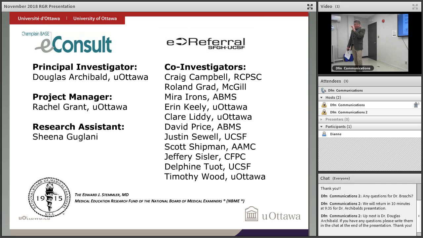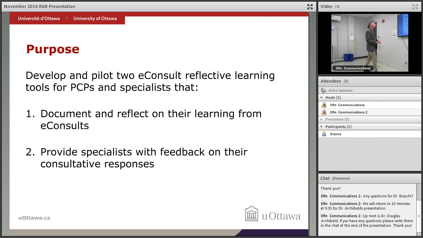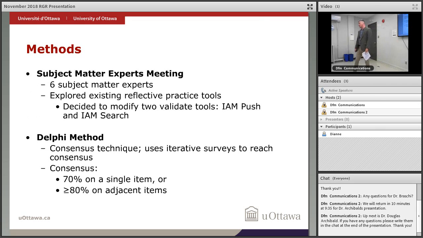This is where the beginnings of this tool start. The idea here is, number one, for providers to document and reflect on their learning from eConsults, and number two, to provide specialists with feedback on their consult responses.